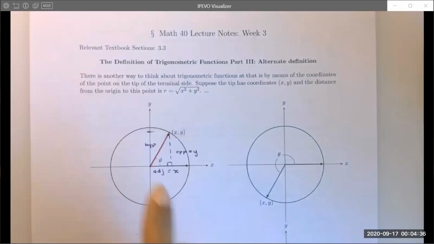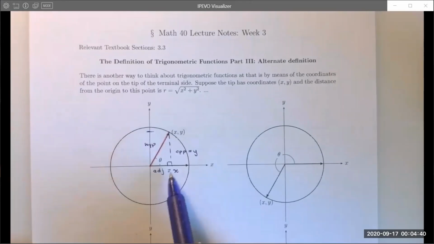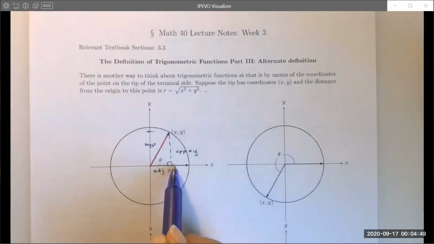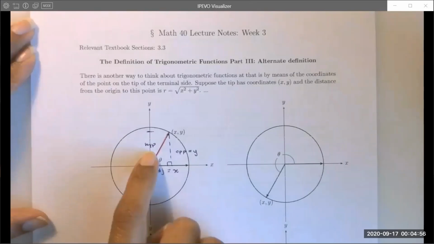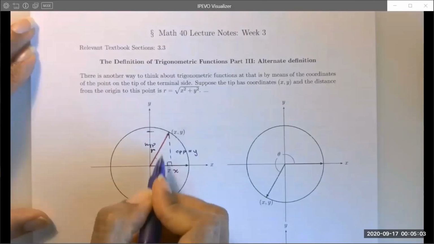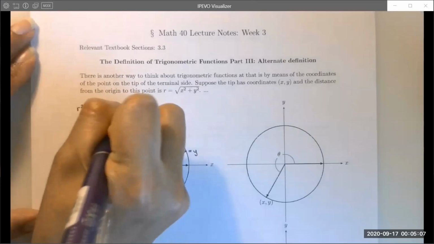And then the hypotenuse we're able to find out because this is a right triangle, so we can apply the Pythagorean theorem. The Pythagorean theorem tells us that the sum of the two legs squared gives you the hypotenuse squared. So that I don't have to write hypotenuse all the time, I'm going to label this r. To find r, we would simply do r squared is equal to x squared plus y squared.